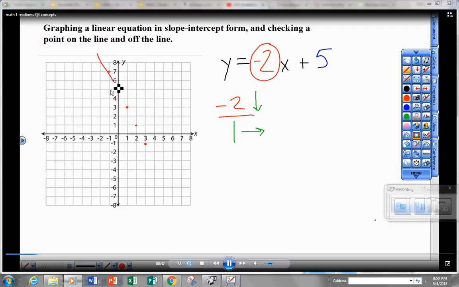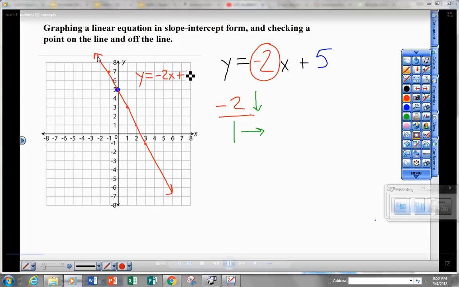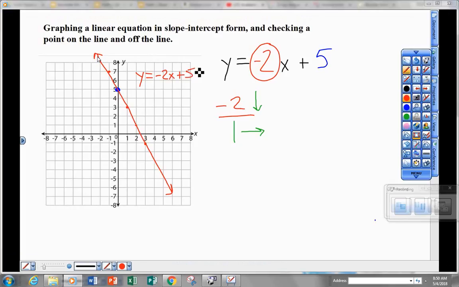Left 1, up 2, 2 over negative 1 is also negative 2. Right 2, down 4, negative 2. Left 2, up 4, also a slope of negative 2. So that is the equation y equals negative 2x plus 5 graphed.